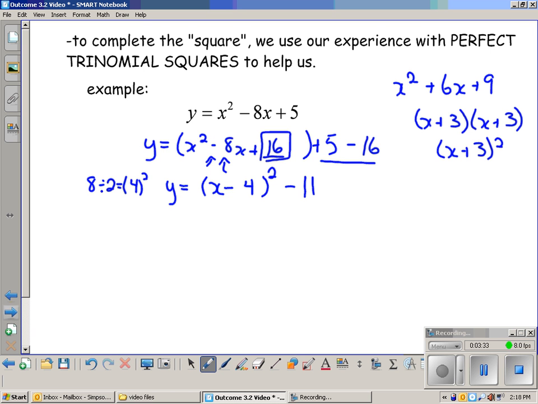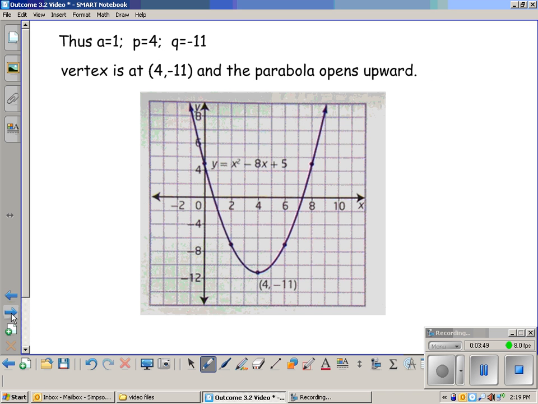We can compare it to the general form of vertex form, which is y equals a, x minus p, squared plus q. This then allows us to graph the function and find out other information from it. So for this function, we found that a was 1, p was 4, q was negative 11.